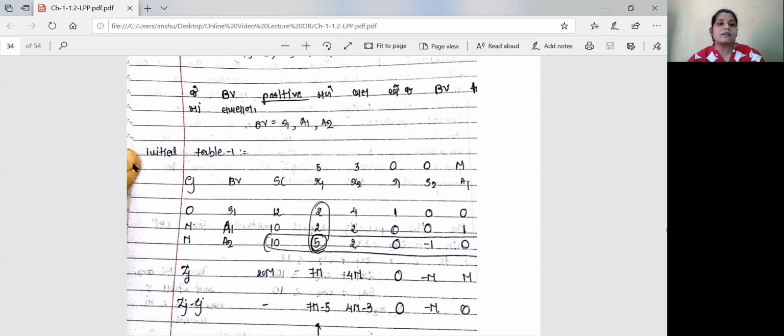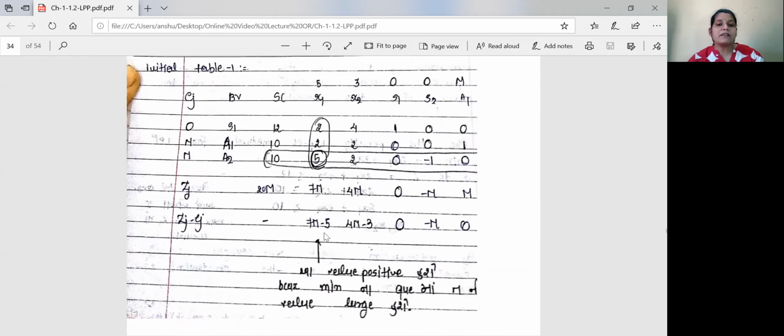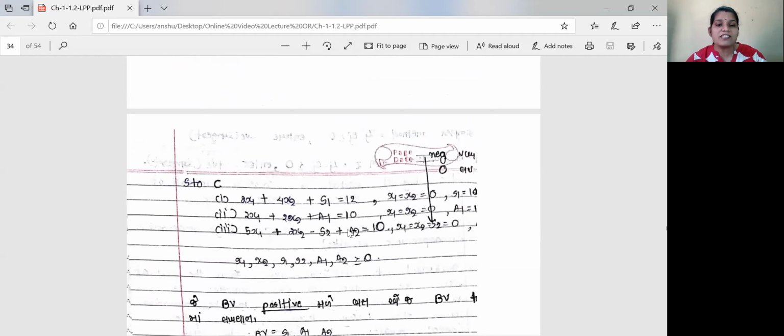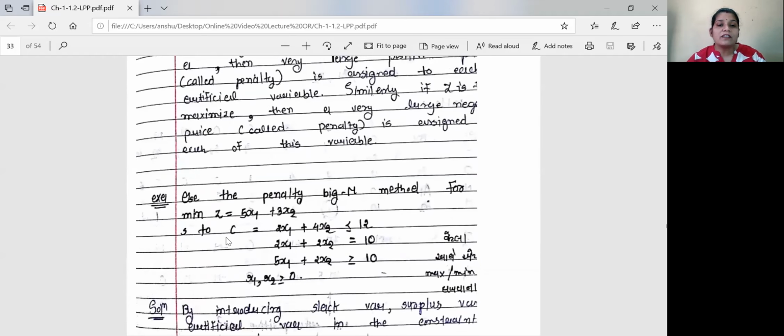So this is our initial table 1. First is Cj. What is the meaning of Cj? You have already seen it in the simplex method. The process is the same, with some difference between plus M or minus M, because this is our big M method, or penalty method. According to these equations, we convert our objective function. Our objective function is: minimize z = 5x1 + 3x2 + 0s1 + 0s2.